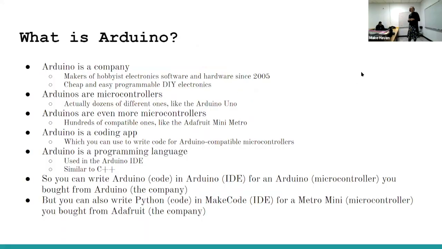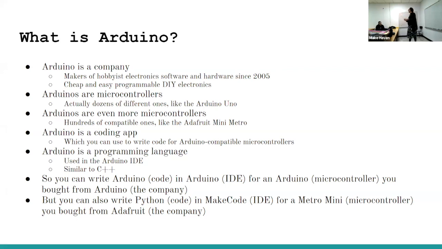So I want to talk about what this word Arduino is, because it's a confusing word. Arduino is a company that was started in 2005 in Italy, and their big thing was that they made hobbyist-friendly microcontrollers. One of the things that made them hobbyist-friendly was that they included with these microcontrollers an app that you could use to write code.